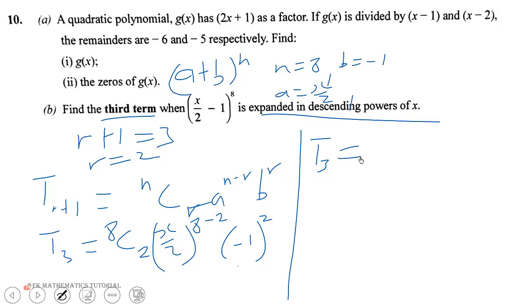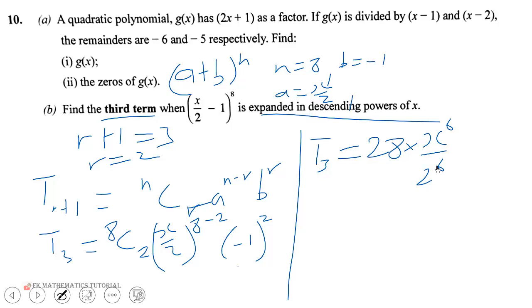And what is that value? 8 combination 2 is 28. So 28 times x over 2 exponent 6. So x exponent 6 over 2 exponent 6.